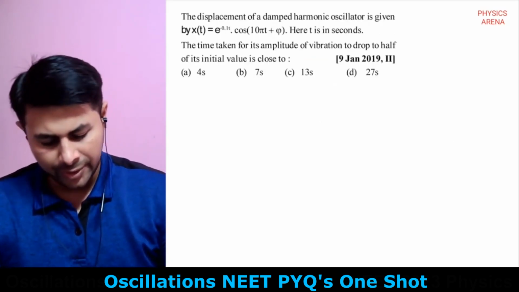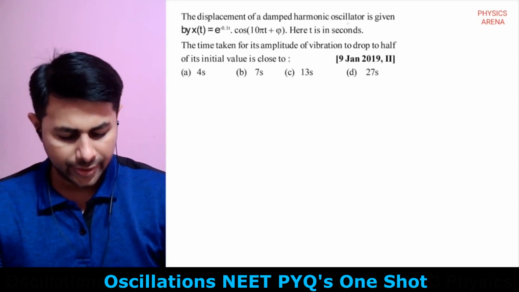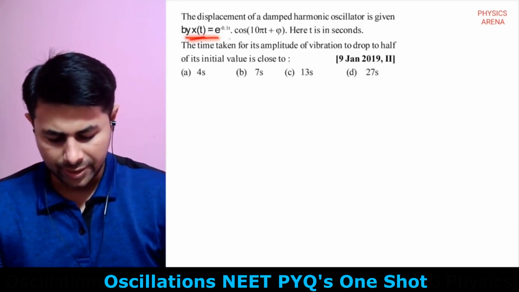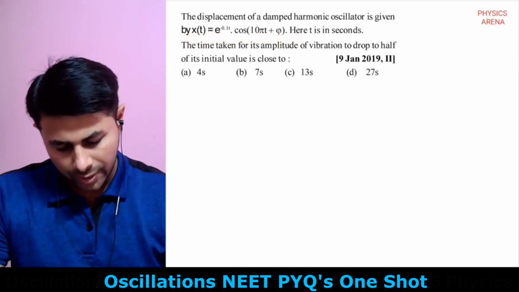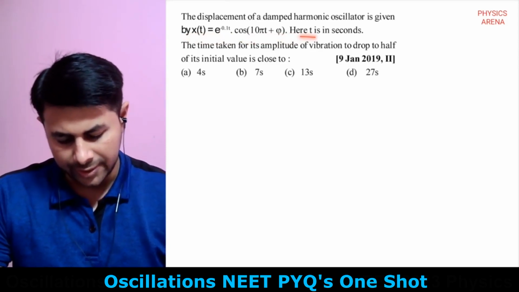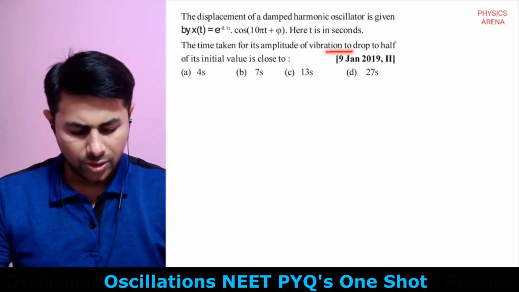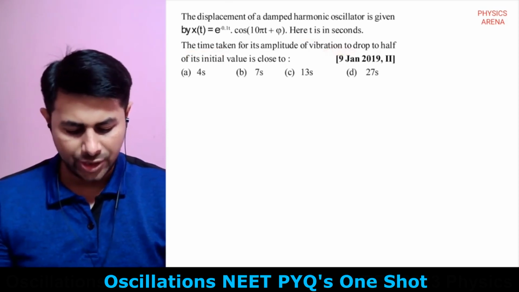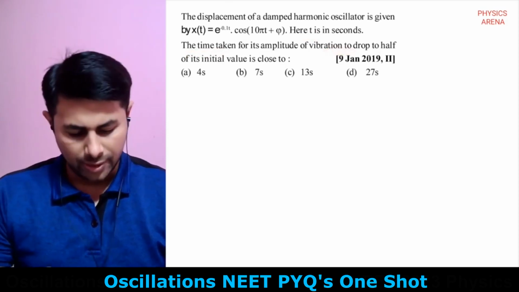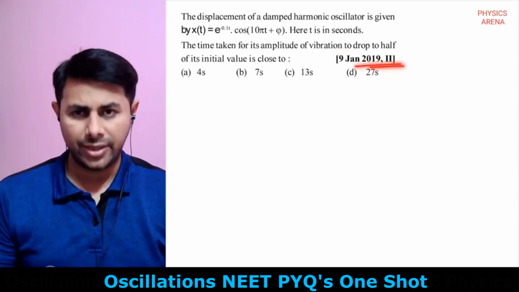The displacement of a damped harmonic oscillator is given by this equation. Here t is in seconds. The time taken for its amplitude of vibration to drop to half of its initial value is close to. This is from JEE.